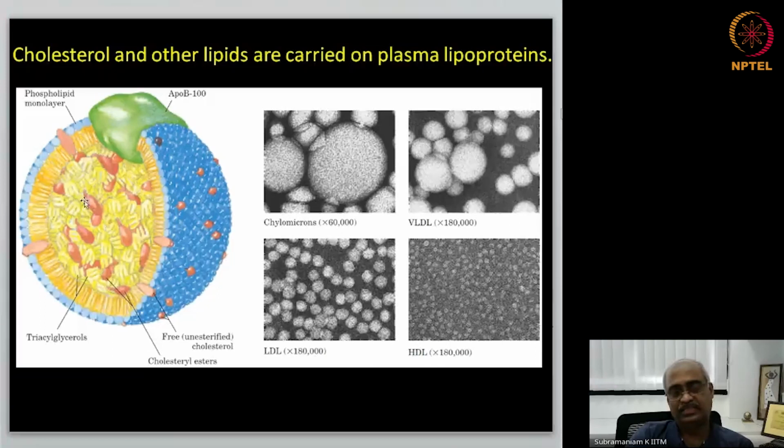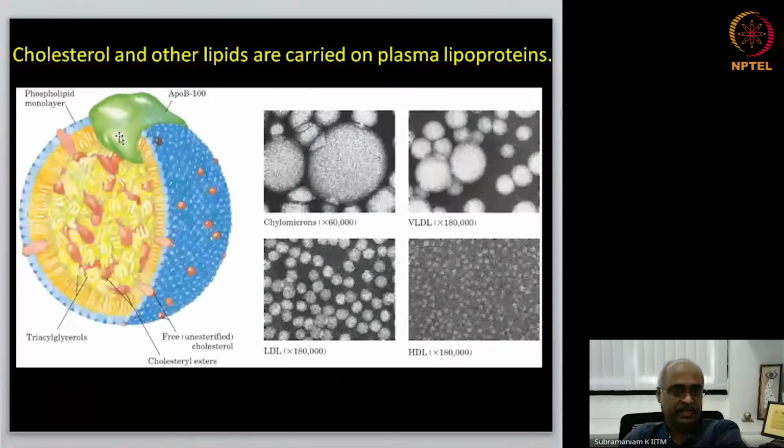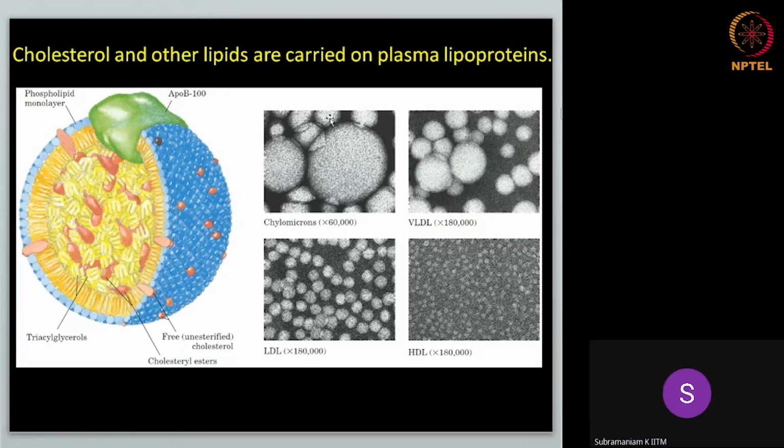So cholesterol ester is inside, while the free cholesterol is on the membrane, because its alcohol group is hydrophilic and that could jut out. And you have the lipoproteins, and this ApoB100 is shown. This is critical for one variety of lipoprotein uptake by cells that we will see in the next slide. So lipoproteins are carrying lipid transport in plasma, in blood.